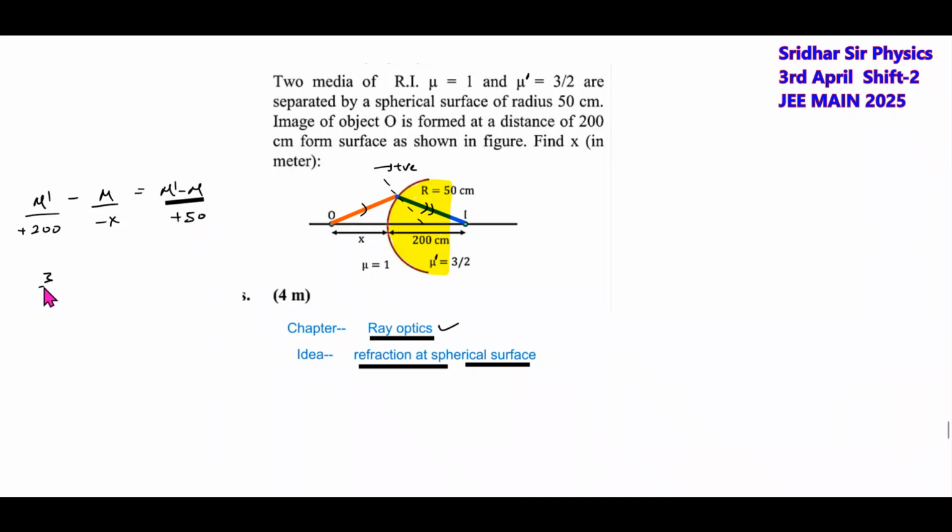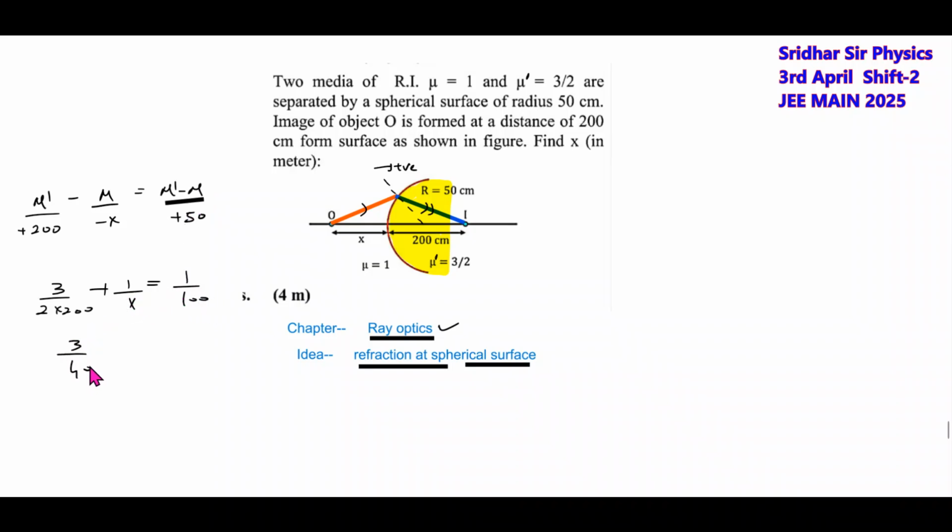Mu dash will be 3 by 2. So this will become 3 by 2 over 200, plus 1 by x. 3 by 2 minus 1 will be 1 by 2 over 50, so everything will be 1 by 100.